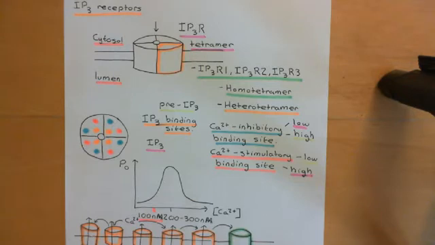When IP3 arrives, when you've generated IP3, four IP3 molecules can then bind to these four IP3 binding sites on the four different IP3 receptor subunits.